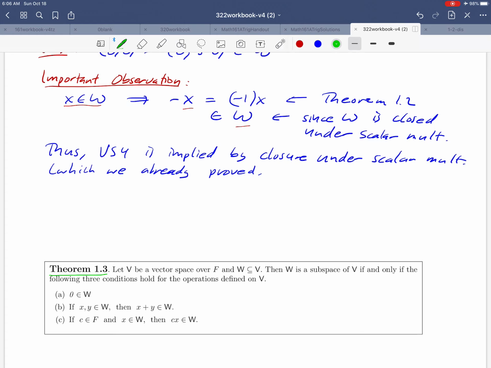It says that if W is a vector space and W is a subset of V, then to show that W is a subspace, all we need to do is to prove these three things: that the zero vector is in our set, that's VS3, and then closure. And in upcoming videos, we'll demonstrate how we can use that to prove that subsets are subspaces.